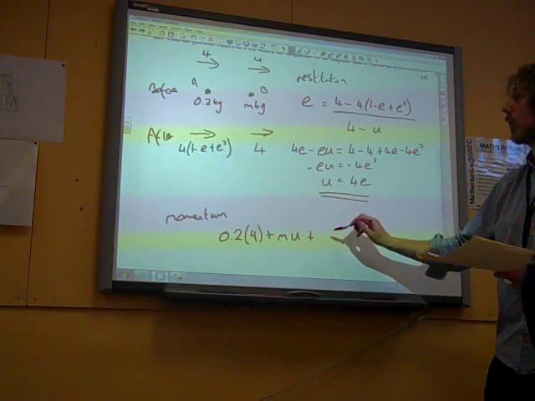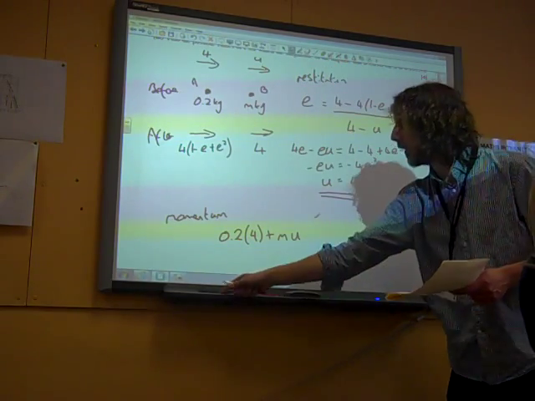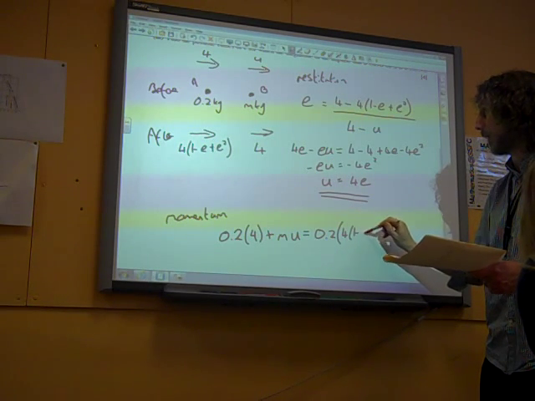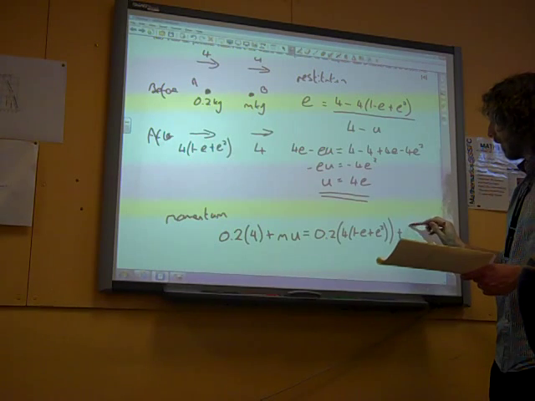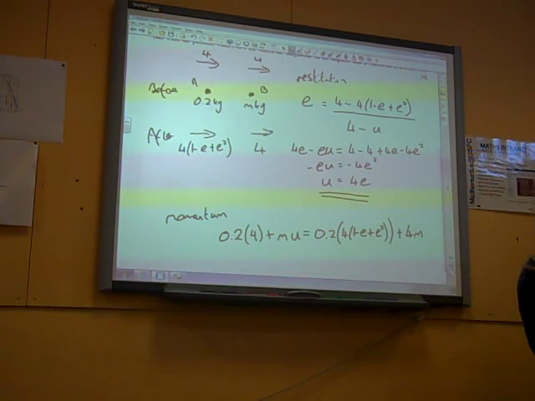Afterwards, we've got 0.2 times 4 times (1 - e + e²) plus m times 4. So that's where we are with our momentum equation, conservation of momentum.